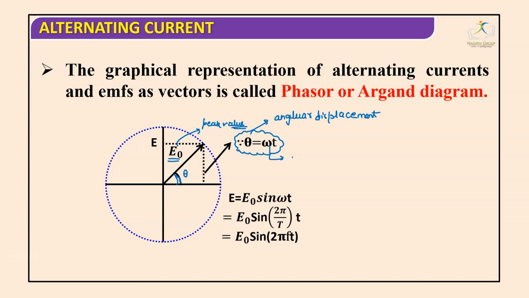Angular displacement is equal to angular speed into time. And if I take omega in terms of a trigonometric function, that will be treated as angular frequency.